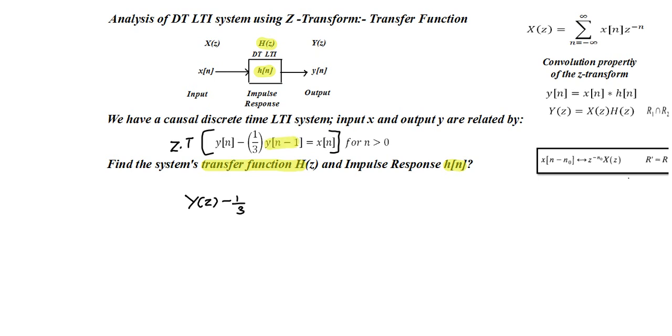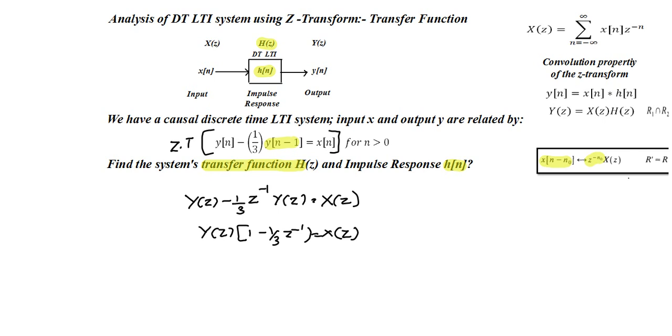Based on the time shifting property, if x(n minus n0), you need to write z raised to minus n0. So it becomes z raised to minus 1 Y(z), which is equal to X(z). I can take Y(z) as common, so it becomes Y(z) into (1 minus 1 by 3 z raised to minus 1) is equal to X(z).